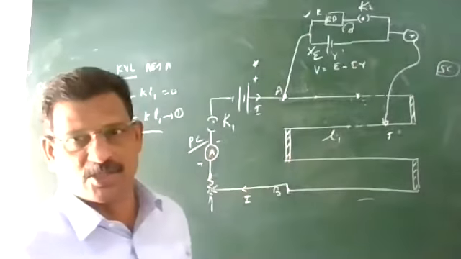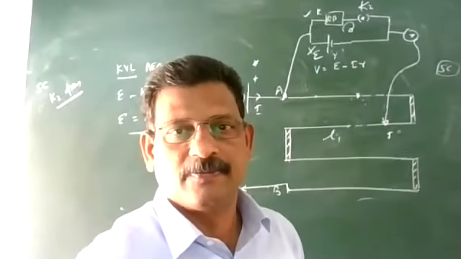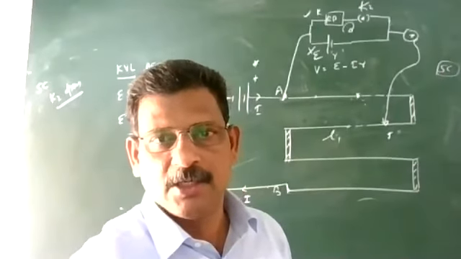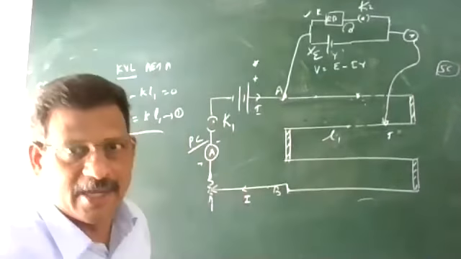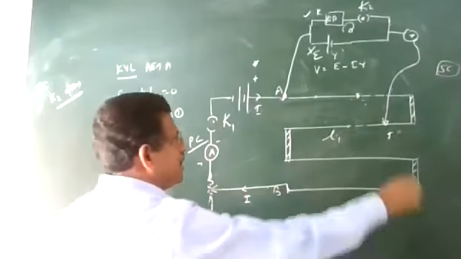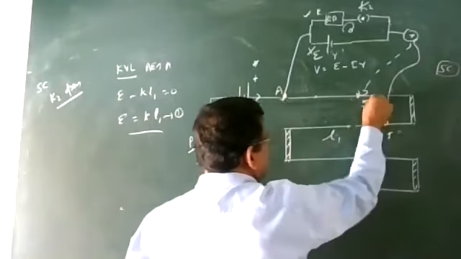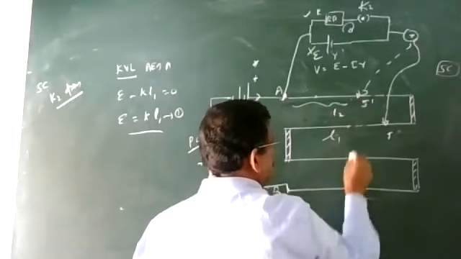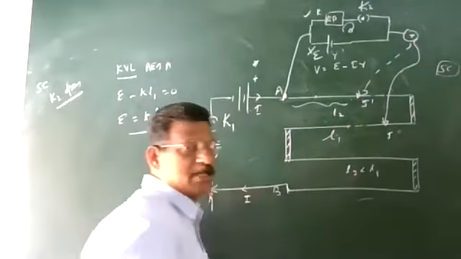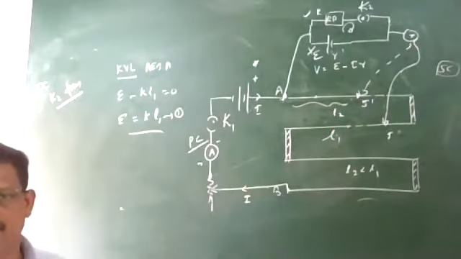That we are going to balance. So adjust the sliding contact again, get zero deflection at J dash here, and mark this length as L2. L2 will be less than L1 because the potential difference is less than the EMF.